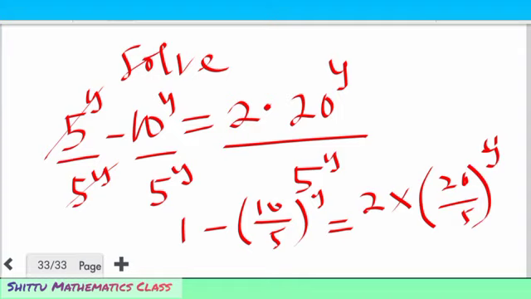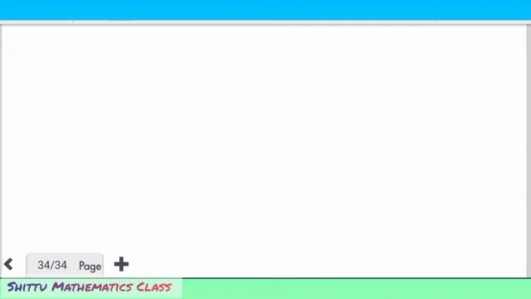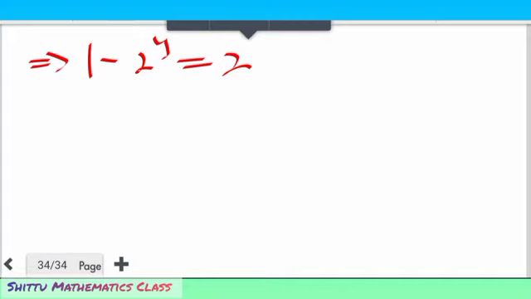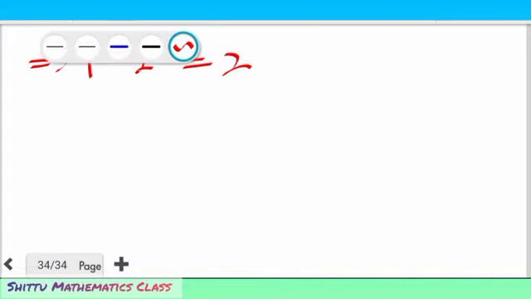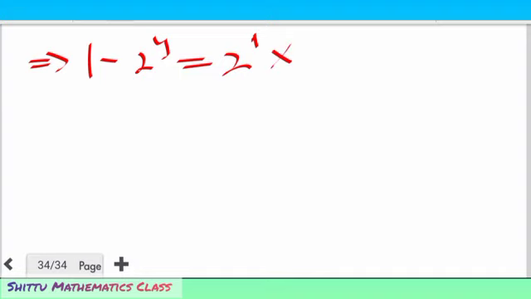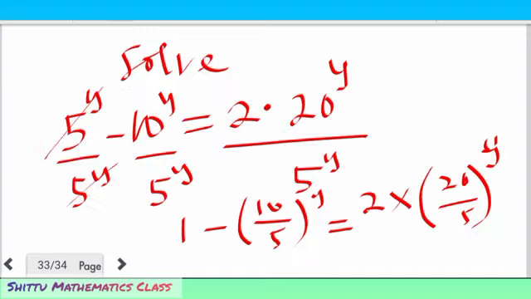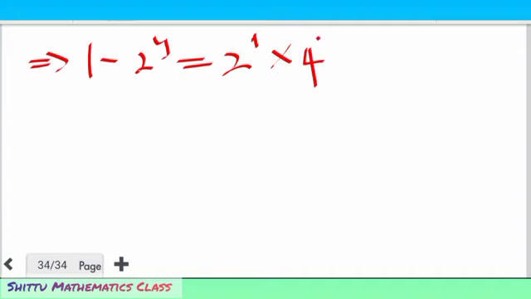So from there, what's the next thing we are going to do? We are going to have 1 minus 2 to power y equals 2 to power 1 multiplied by, because 20 divided by 5 we are going to be having 4, 4 to power y.